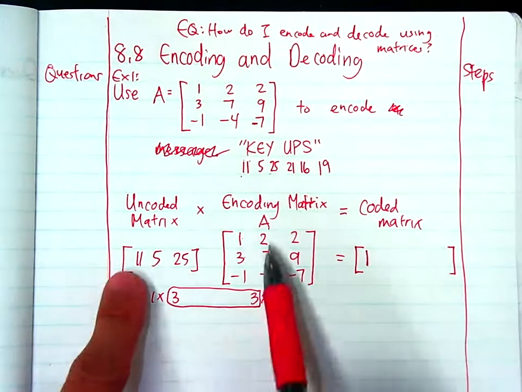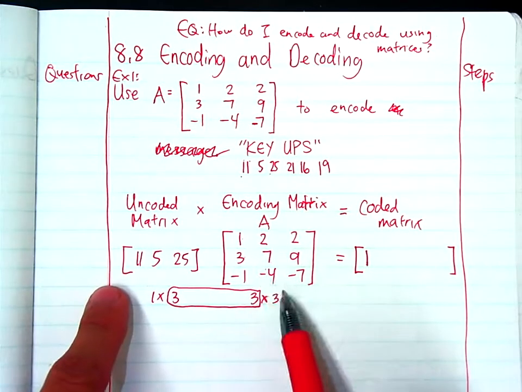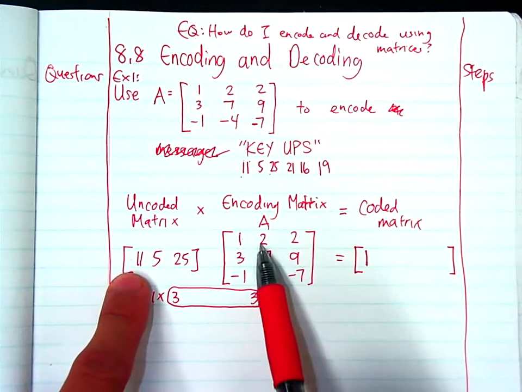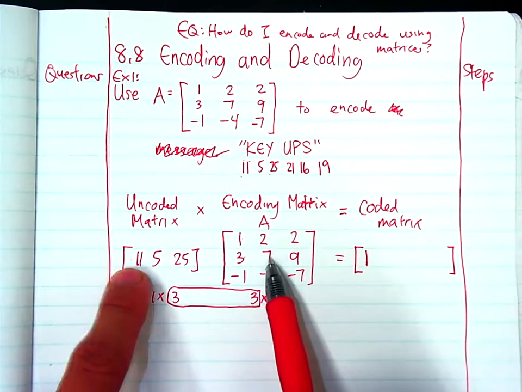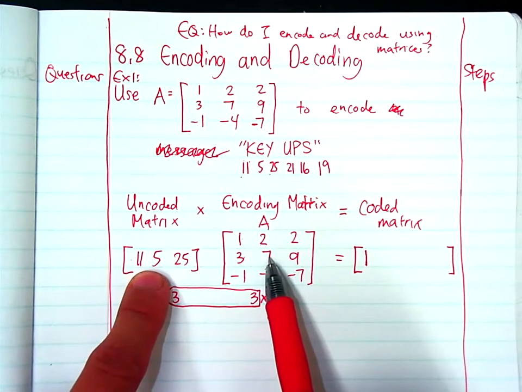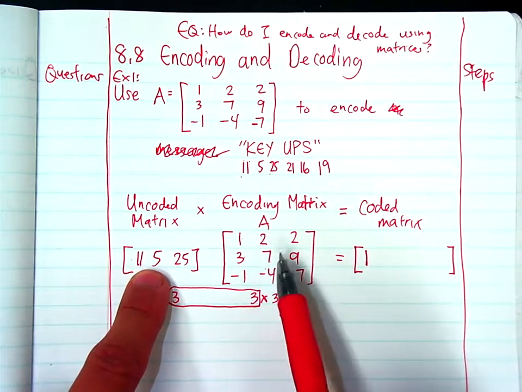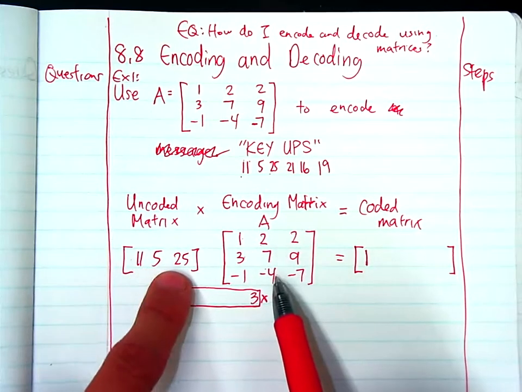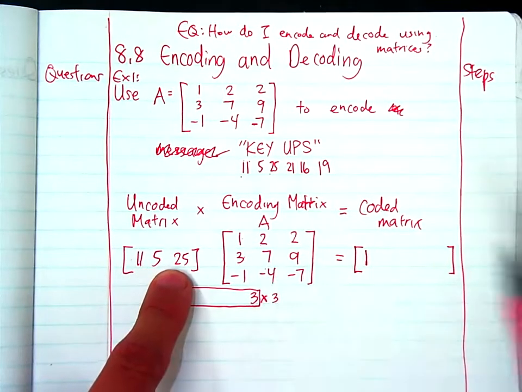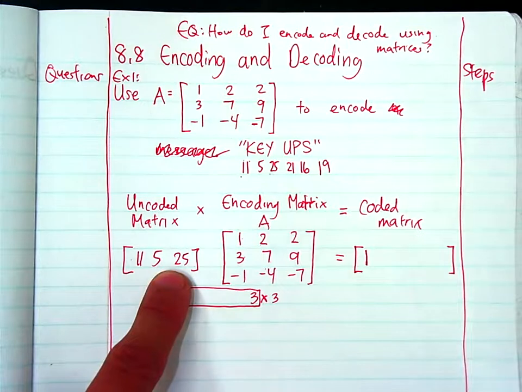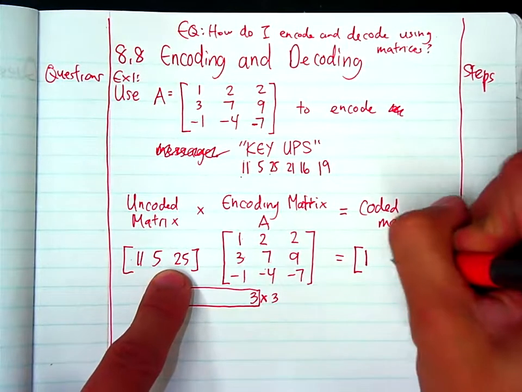Now I'm going to multiply this row by this column. So it will be 11 times 2 is 22, plus 35. 22 plus 35 is 57. And then 57 plus negative 100 is negative 43.